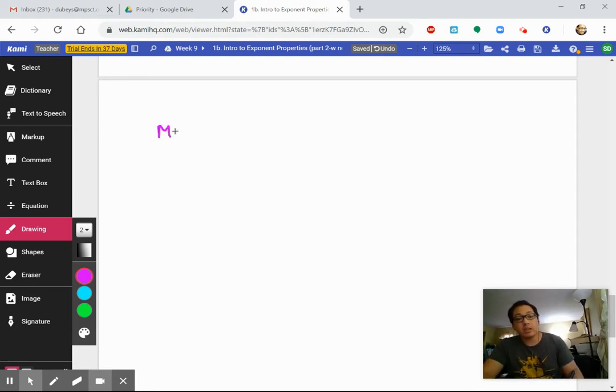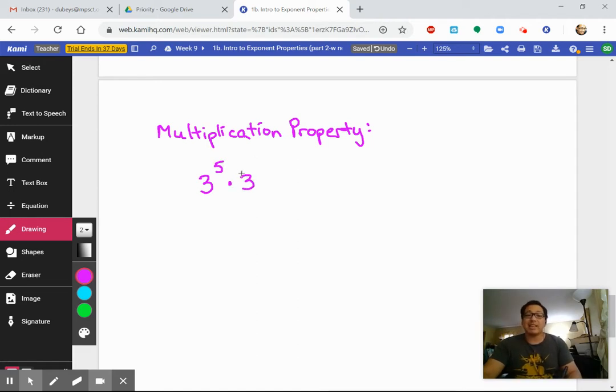We talked about what I call just the multiplication property. And what does that mean? There's a longer name for it, but I'm just calling it the multiplication property. That is when we have an exponent, say for example, 3 to the 5th power, multiplied by another exponent with the same base.